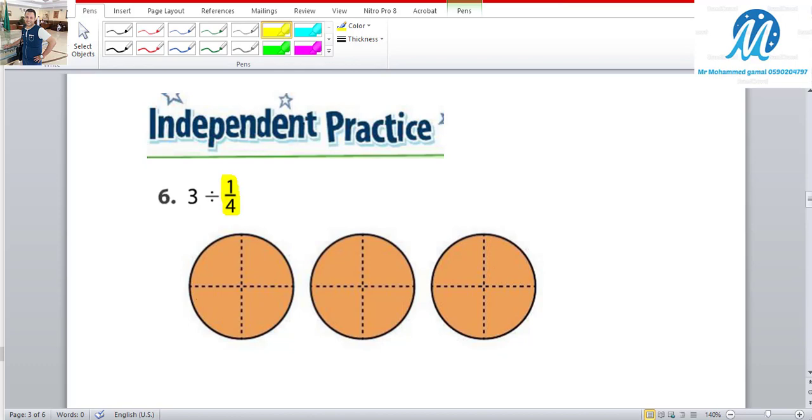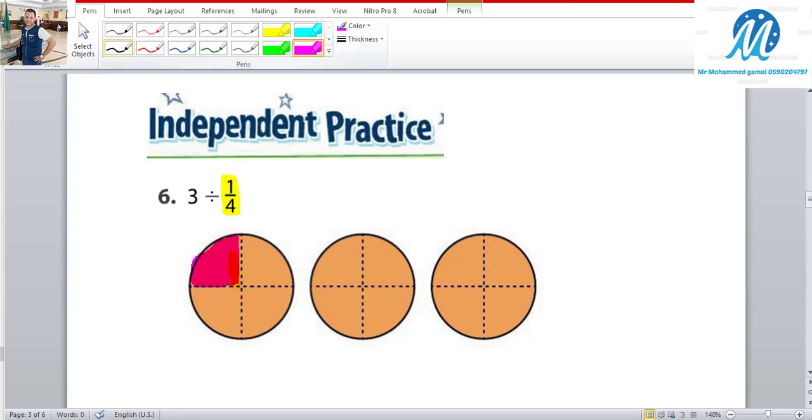When you split this pizza into 4 equal parts, this part, which I'm going to shade, is 1/4.